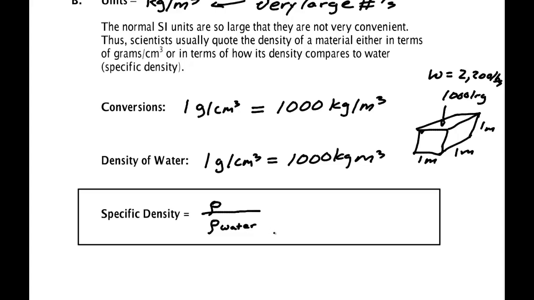This happens to be a unitless quantity, and it's good no matter what unit system you're using. Know the specific density, multiply by the density of water in whichever system you want, and you have the density of the material that you're looking for.